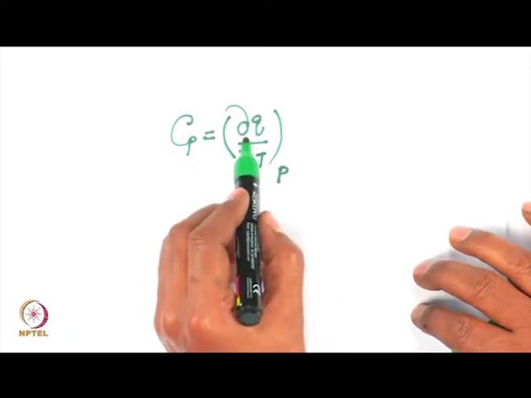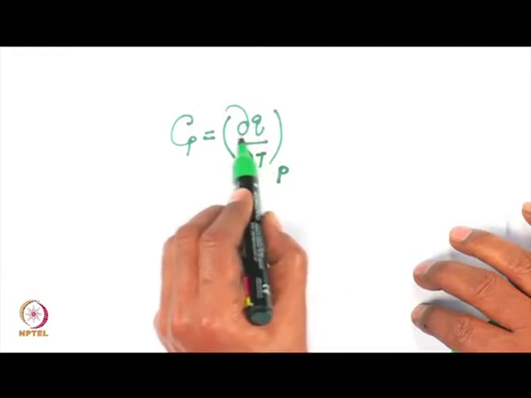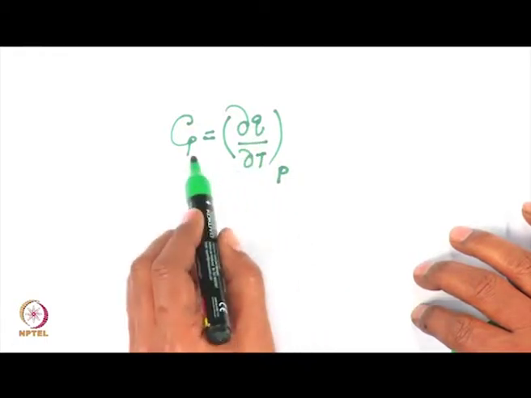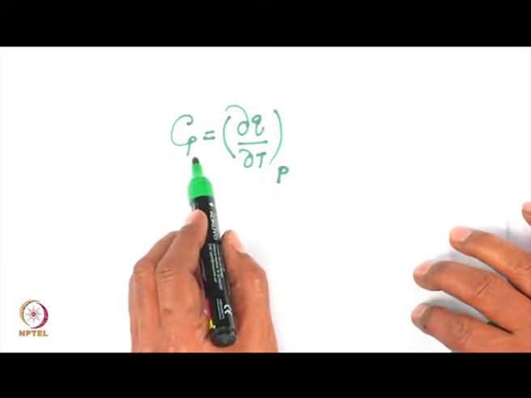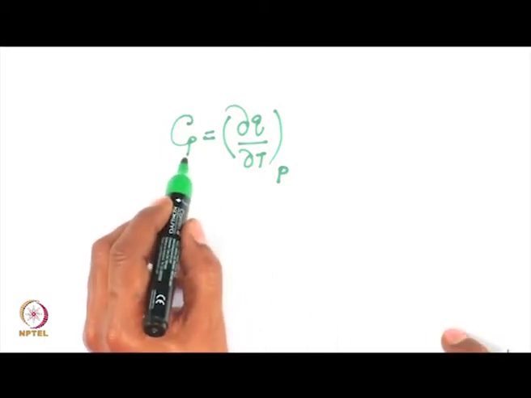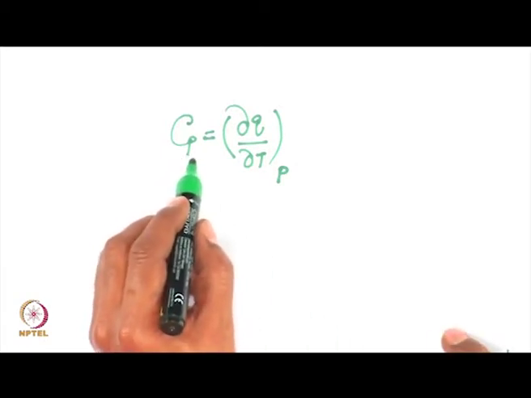If upon supplying the heat, the change in temperature is very little, then the heat capacity is very high. If we want some material which should not respond to heat supplied to it in terms of large changes in temperature, then you want a high heat capacity material.